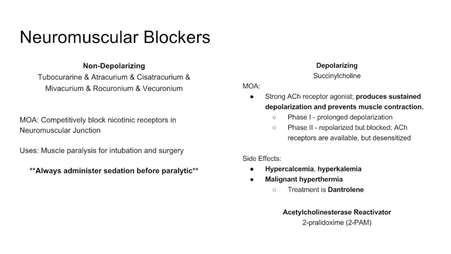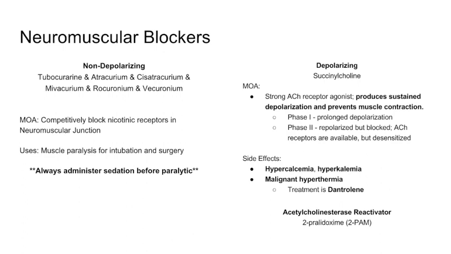The treatment for this is dantrolene, extremely high yield. You need to remember succinylcholine causes malignant hyperthermia. Malignant hyperthermia can be treated with dantrolene, which inhibits the calcium release from the sarcoplasmic reticulum, which we know is part of the mechanism of how muscles contract.